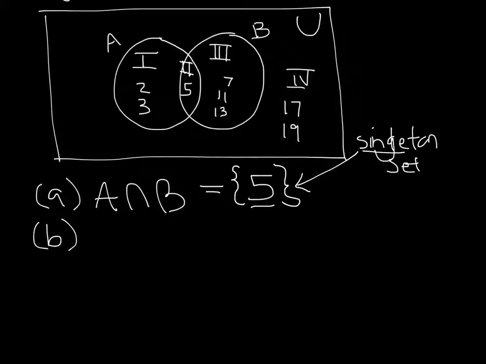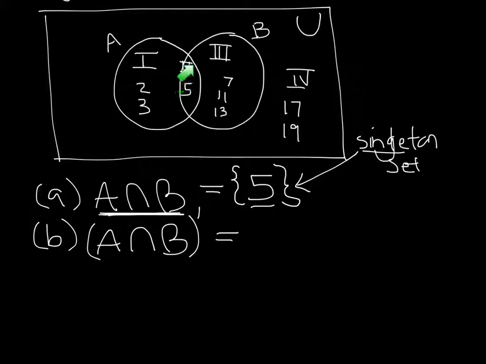Next, you want to take the complement of the intersection of A and B. The nice thing is that we already found A intersection B. The complement just means everything that's not in A intersection B, so basically it's everything but the 5.